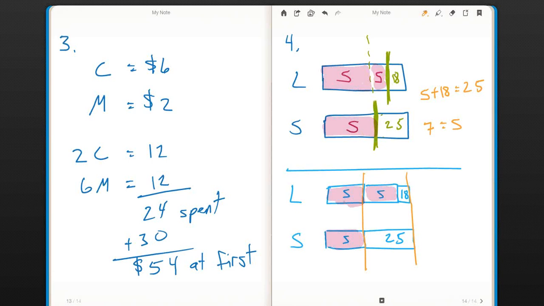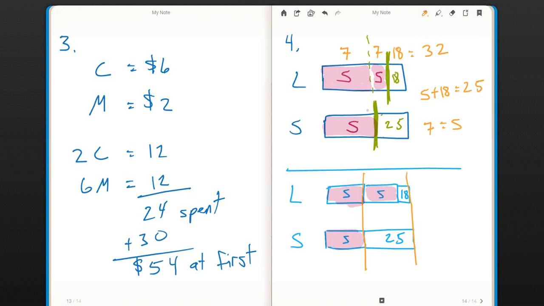What question are we answering? How much money did each have at first? Well, at first, Lily had a block of S, that's 7, another block of S, and 18. So that's 14 and 18, which is going to give me 32.